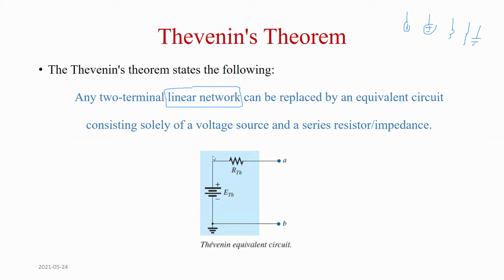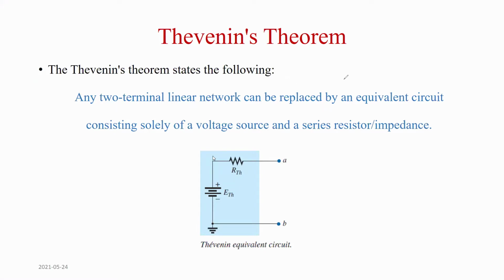Those are linear elements. It means the voltage and the current have a linear relationship. Sometimes you have amplifiers, you have transistors. Those are not linear, so this theorem is not going to work. But for us, it's going to work all the time. We don't have amplifiers, transistors, or non-linear devices.